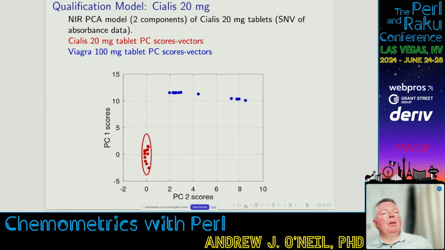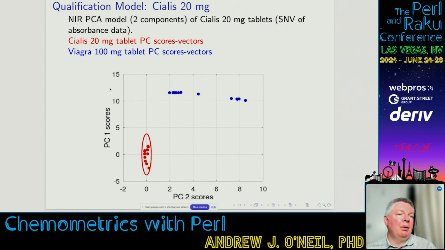So the PCA model, this shows the scores plot, principal component 1, which is the major source of variance in the spectra. These are abstract factors which are produced by essentially singular value decomposition.